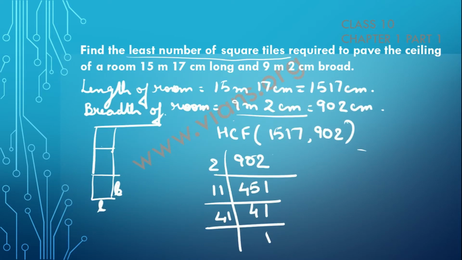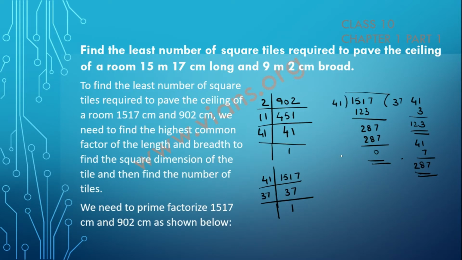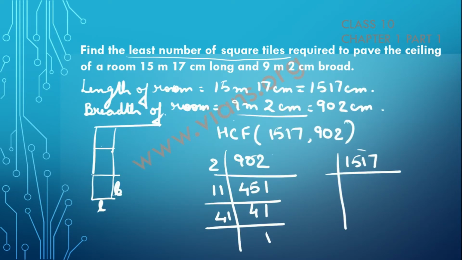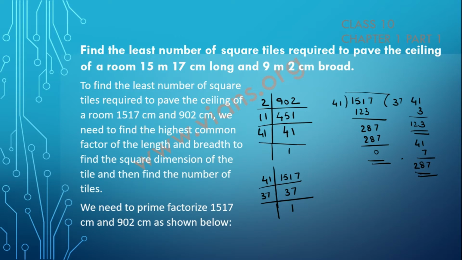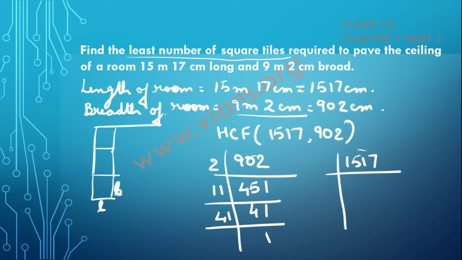Similarly, if you see 1517, we know that it has to be divisible by a number.